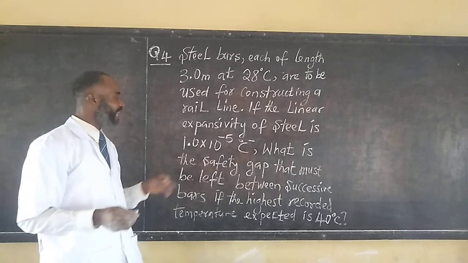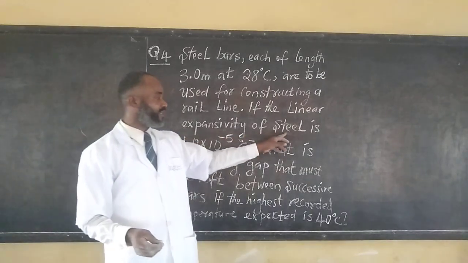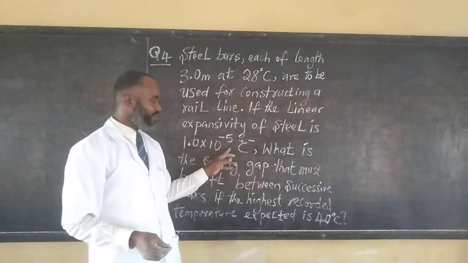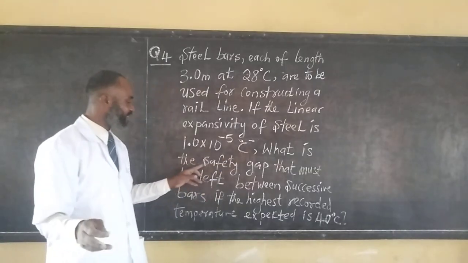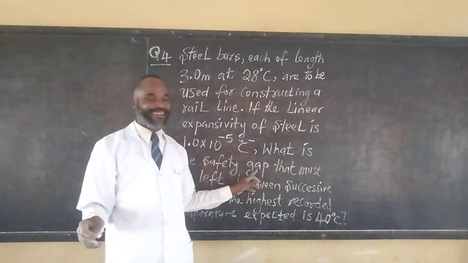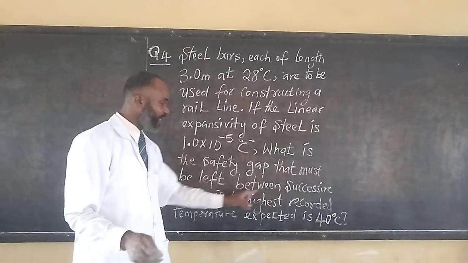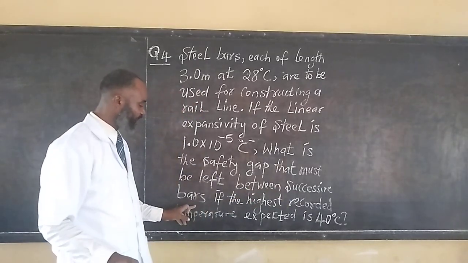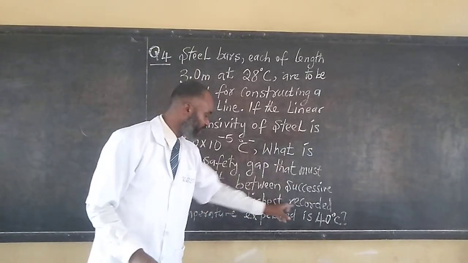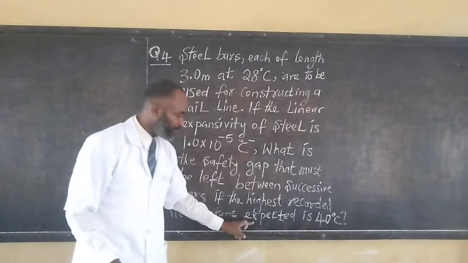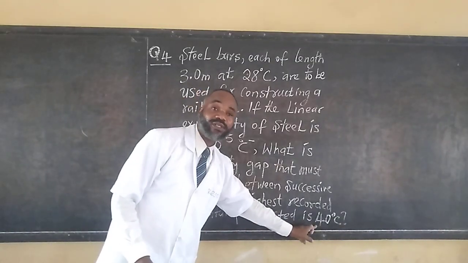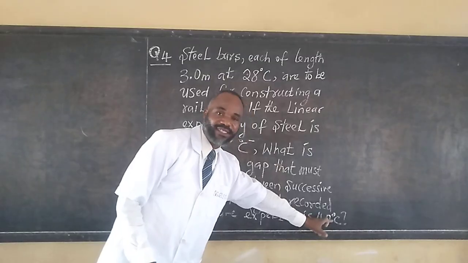If the linear expansivity of steel is this, what is the safety gap that must be left between successive bars if the highest recorded temperature expected is 40 degrees centigrade?